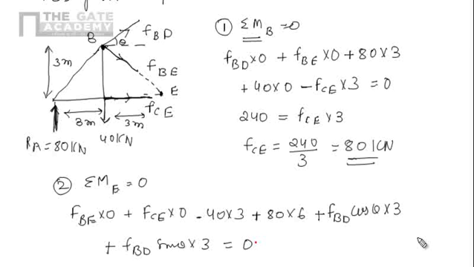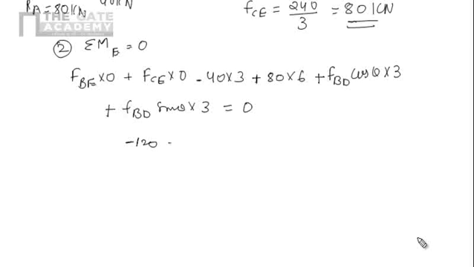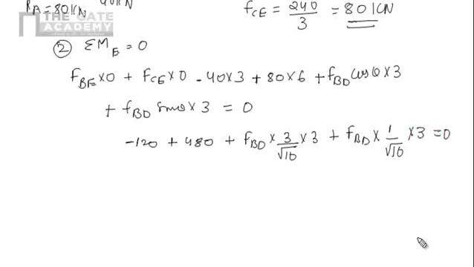Here we consider all forces, and now we will simplify it. It will be minus 120, plus 480, plus FBD cos theta, we know that is 3 by root 10, into 3, plus FBD sin theta, which is 1 by root 10, into 3, equals 0. Now simplifying, 480 minus 120 is 360, plus 9 FBD by root 10 plus 3 FBD by root 10 equals 0.